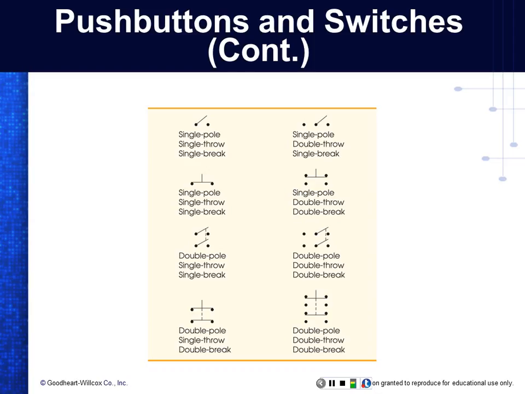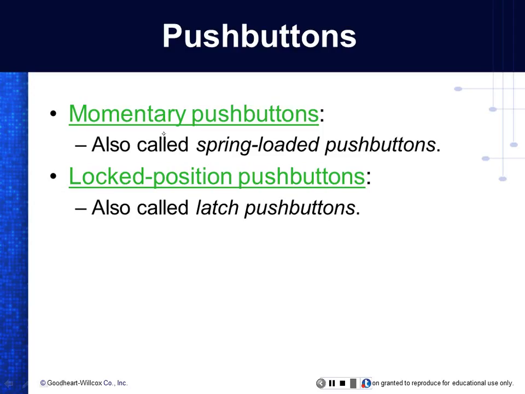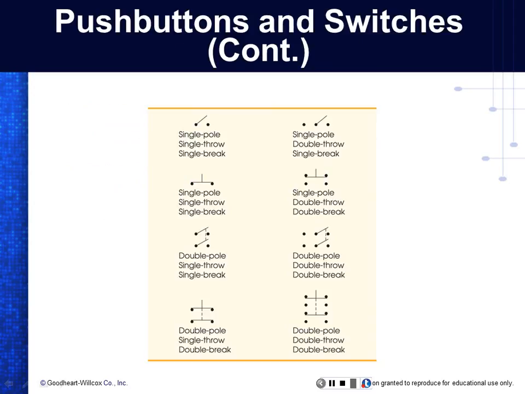These are some alternate symbols for push buttons and switches. So we can have them connect one place, like here. It helps if I turn on my marker, doesn't it?